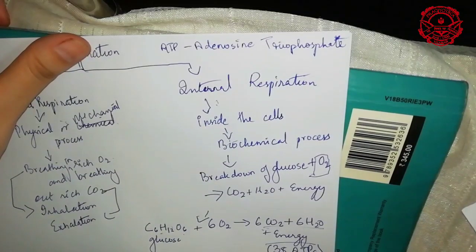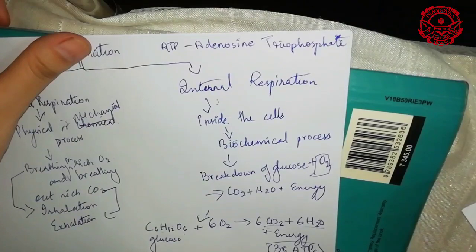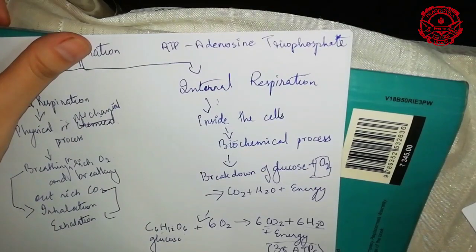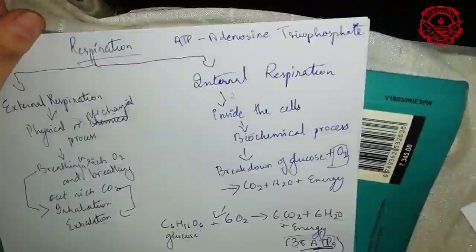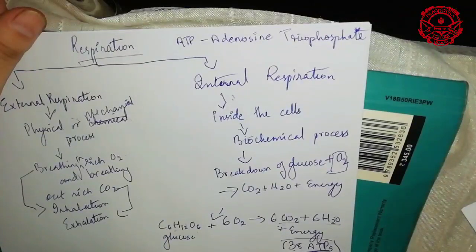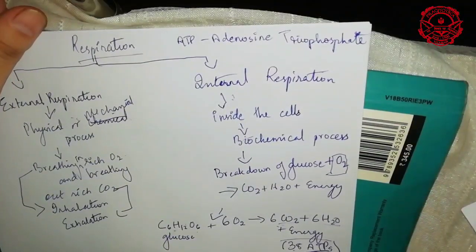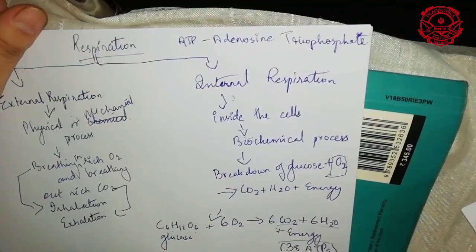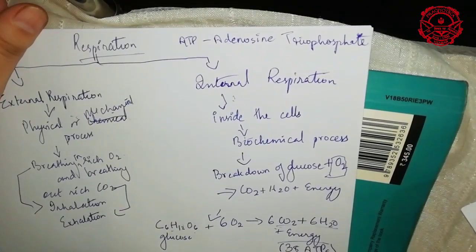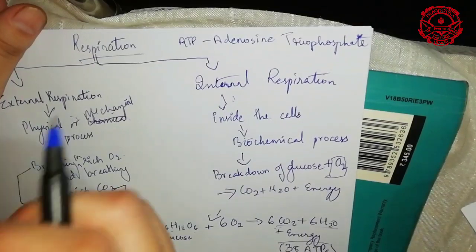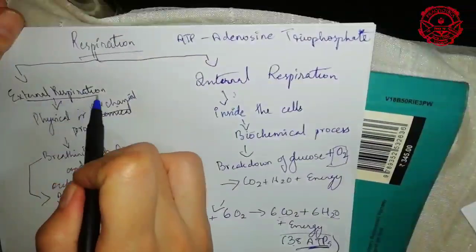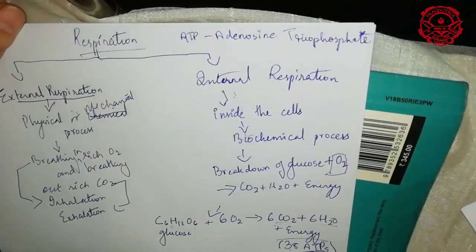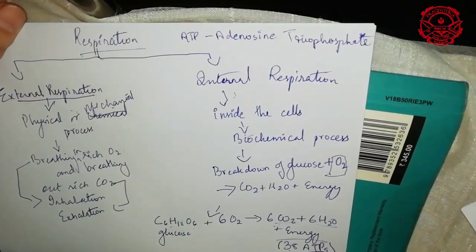In other words, we can also say that respiration means the breakdown of food materials, glucose, to ATP molecules, carbon dioxide and water in the presence of oxygen. Remember that the process of external respiration is different in plants and animals.